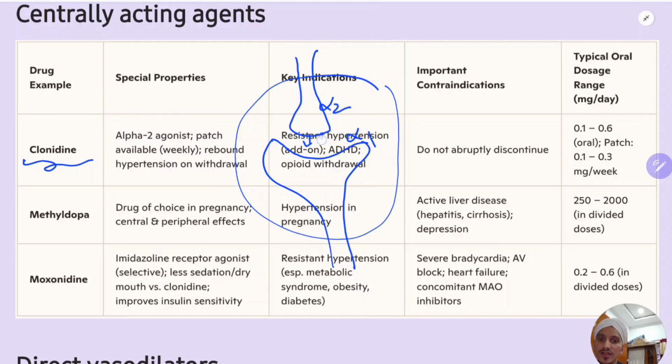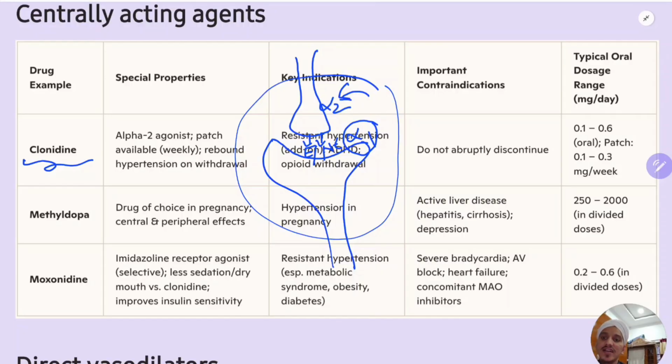This neuron will give epinephrine and norepinephrine. When the presynaptic alpha-2 receptor is stimulated, the release of epinephrine and norepinephrine is decreased, thus decreasing the sympathetic outflow and thus decreasing the blood pressure. But if you stimulate this alpha-1 receptor, that will increase the BP.